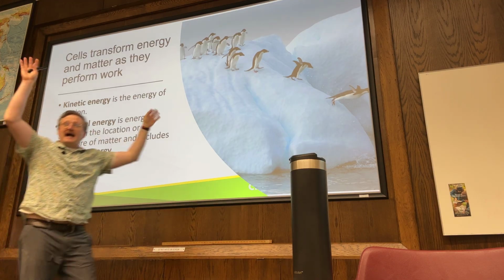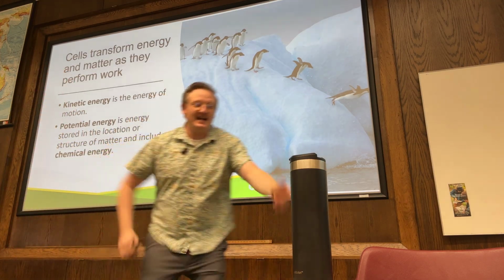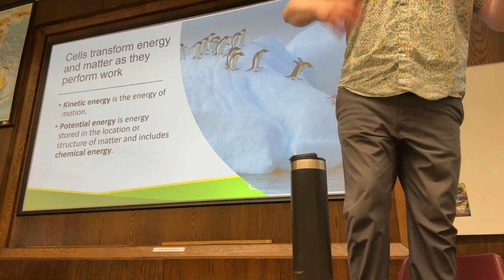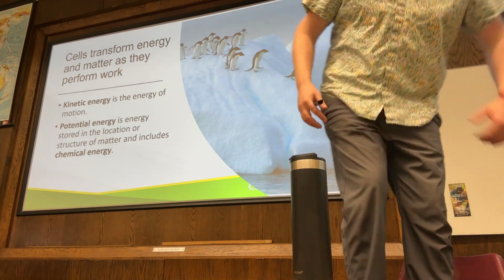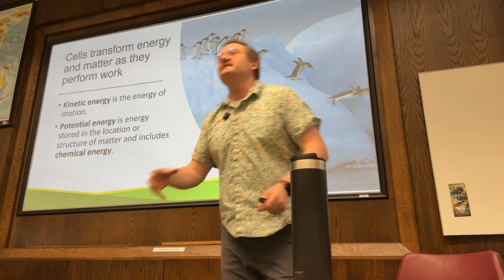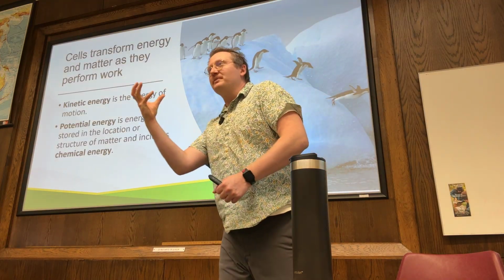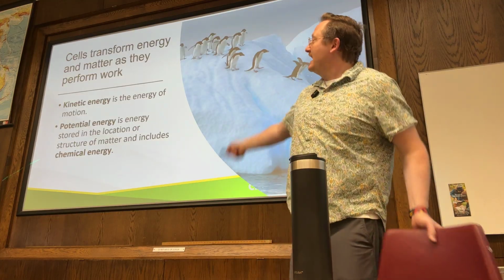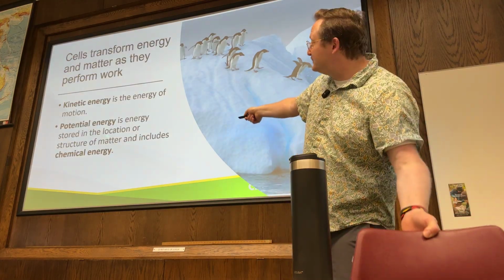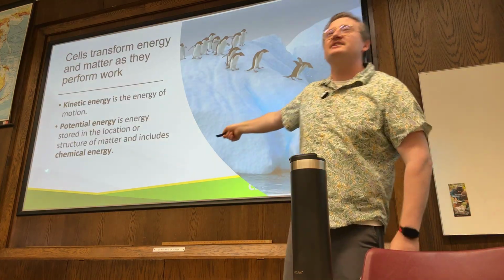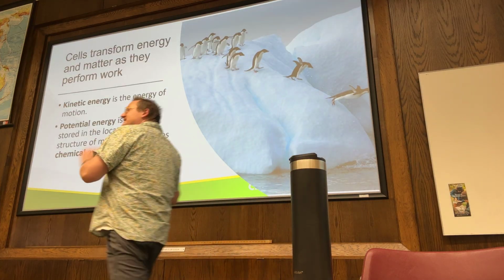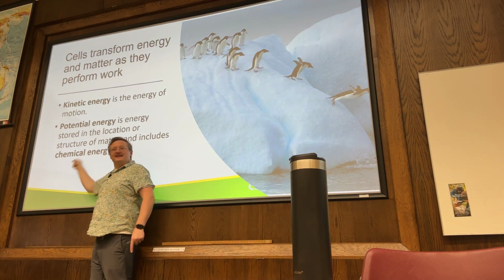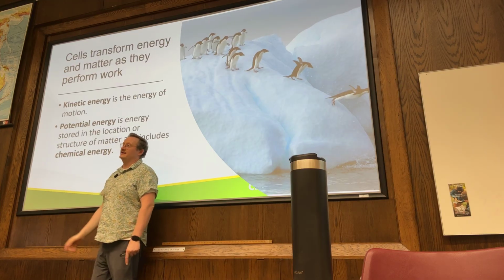That's the macro scale of I stand up here and I gain potential energy. And also the micro scale of a plant carries out photosynthesis and makes a complicated organic molecule. That complicated organic molecule has potential energy that is stored in the location or structure of matter. So it is still potential energy, but if it's at a molecular scale, we call it chemical energy.